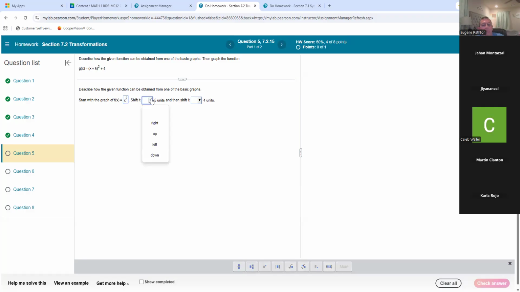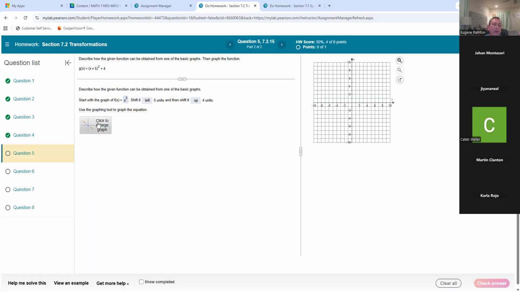So would y'all pick right, up, left, or down? All right, so y'all going to go left on that. Good job. And then you're going to shift it blank 4 units. Left, down, up, or right. So that plus 4 at the end, what is that doing? So that's going to go up. Good job. So you would choose up on that one. Check your answer.